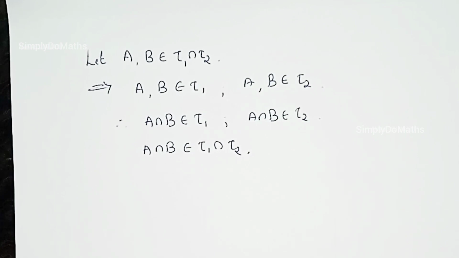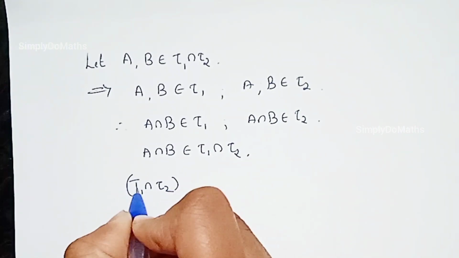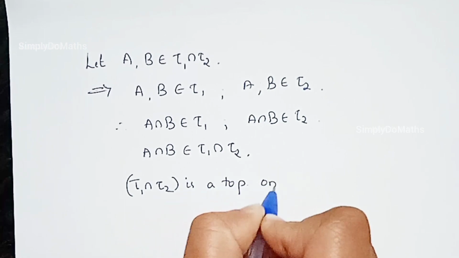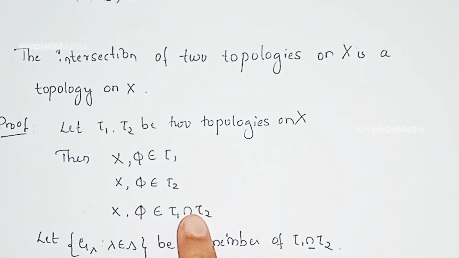By all the above three results, we can tell that tau1 intersection tau2 is a topology on X, because it satisfies all these three conditions. That is, X and empty set belong to tau1 intersection tau2, the first property we have proved.